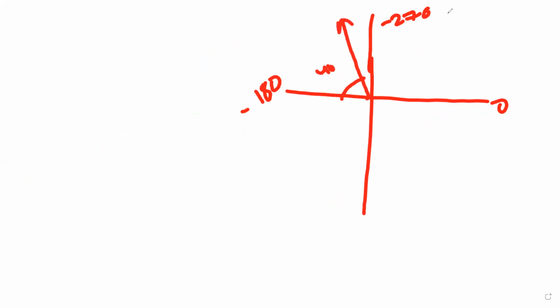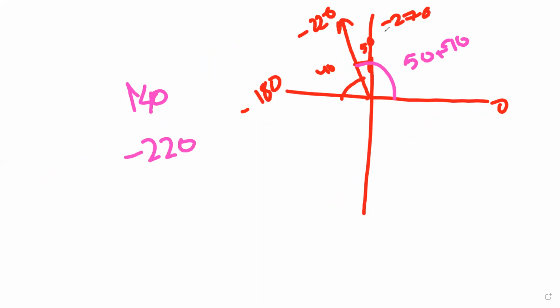So here you have negative 220. If it is 40 here, here it is 50. So this angle here will be 50 plus 90, which is 140. So you can say that 140 and negative 220 are coterminal.